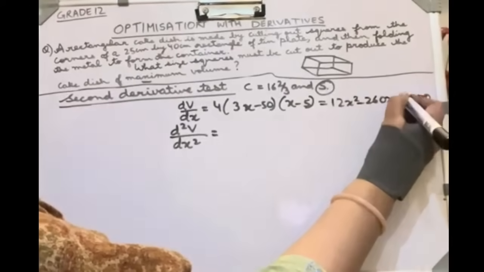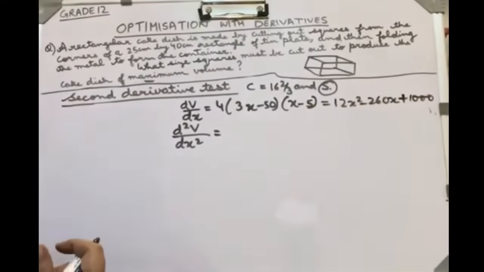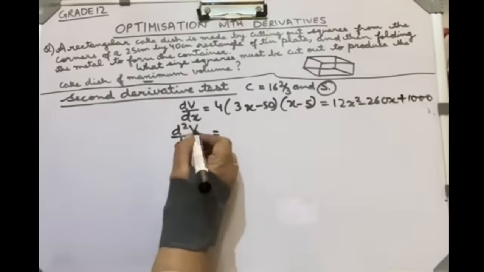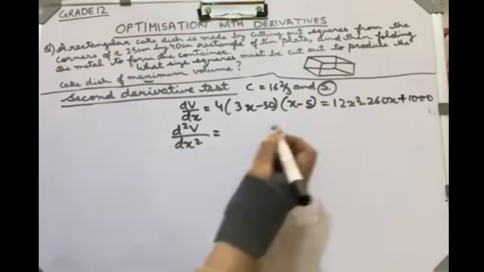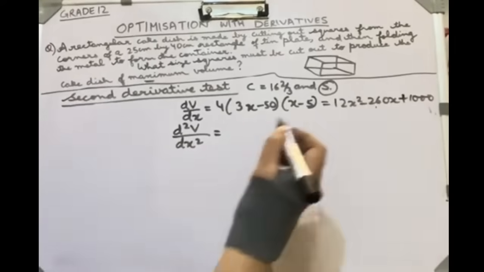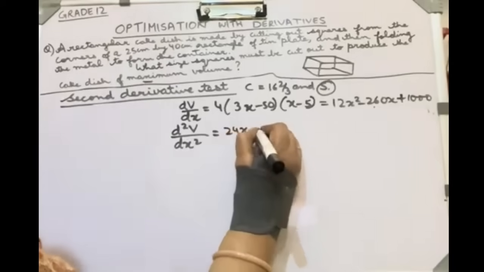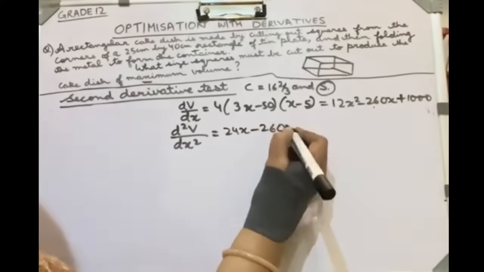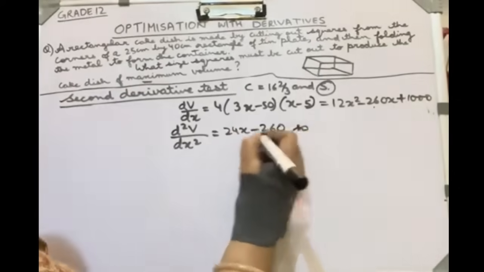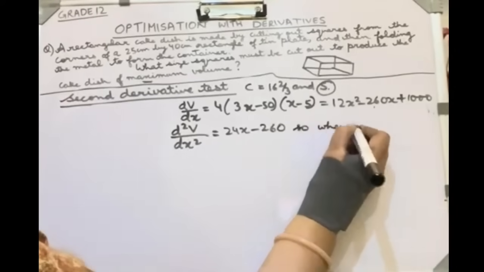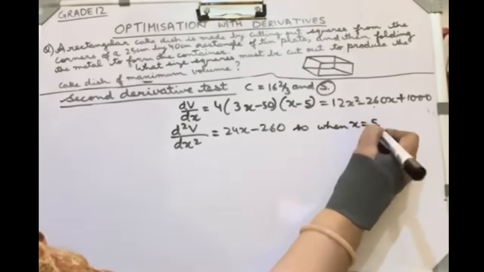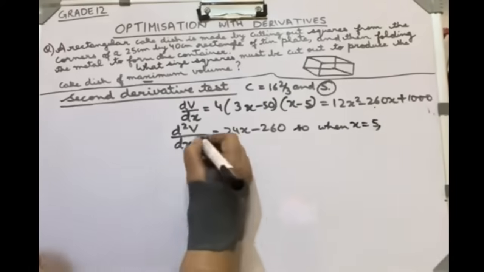This will simplify my calculation. That is why I've come up to this part. So d2V by dx square from this part is 24x minus 260.